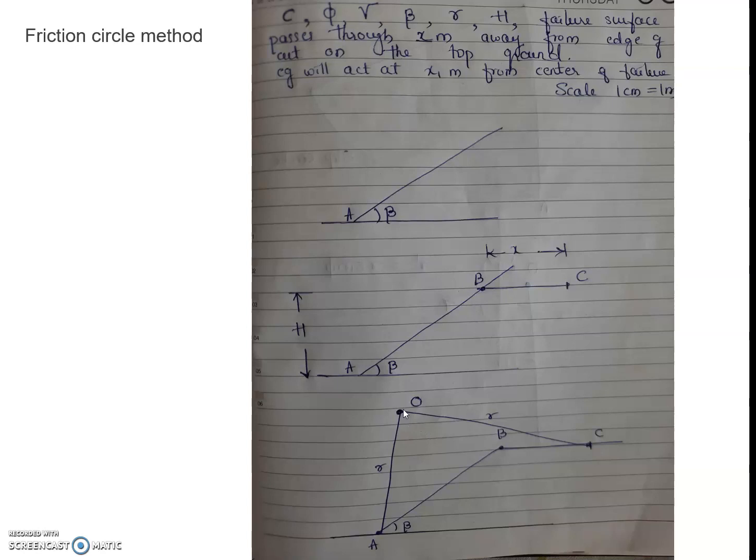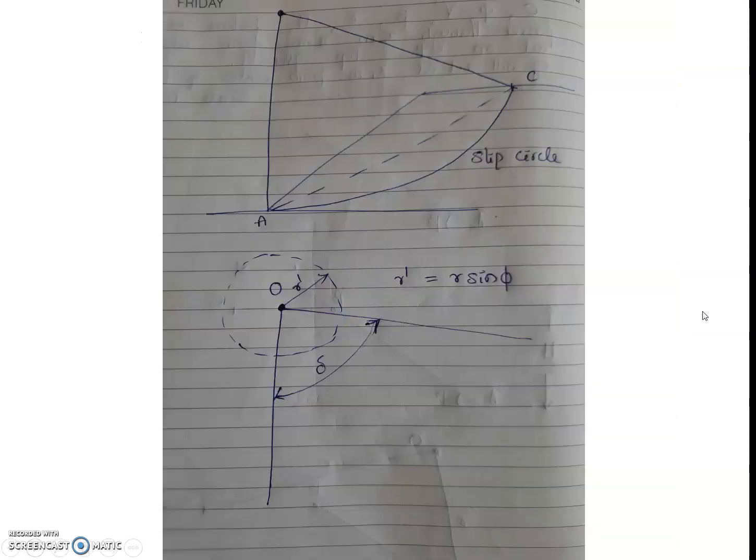Now we will mark the center of the failure surface, that is point O. From A, measure the radial distance R, which will be given in the problem, and draw a curve at distance R. Similarly, from point C, draw a curve at distance R. The intersection point will be marked as the center of the failure surface, that is point O. Later on, from point O, draw a curve which joins the two points A and C. So AC represents the failure surface, which is nothing but the slip circle.